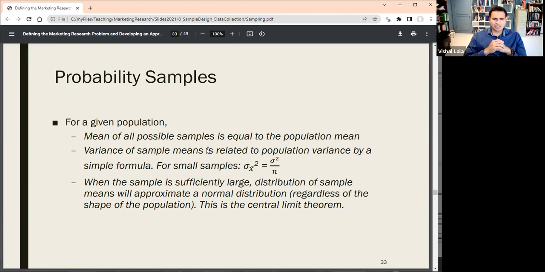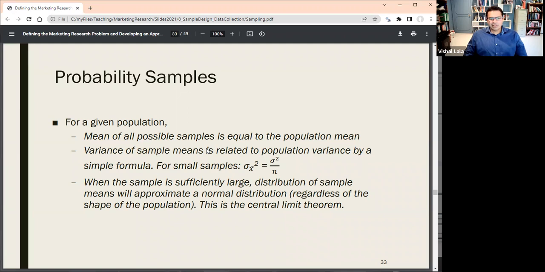Furthermore, there's a simple formula that links the variance of all the sample means to the population variance. For small samples, it's simply the population variance divided by the number of observations. By small samples, I mean samples that are smaller than 10% of the population.